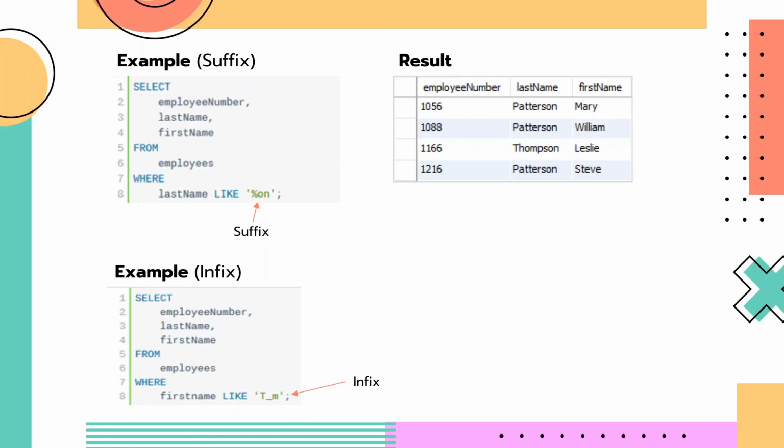So the syntax will return the data if the first name starts with T and ends with M, and we insert any character in the middle, just one character. On the right side, you can see the result set. The first name starts with T, ends with M, and we have the letter O in the middle. So the first name is Tom.